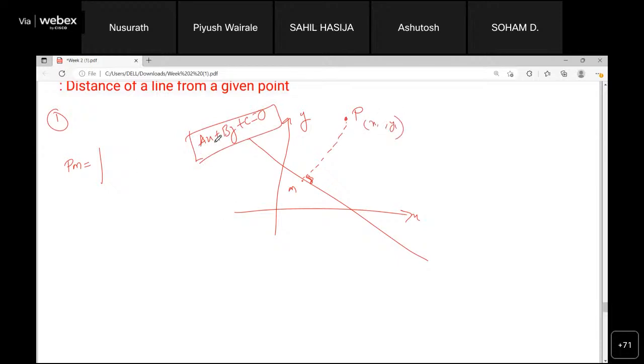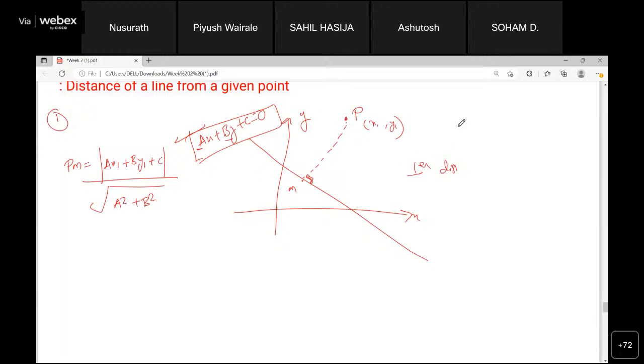Now just put the values of x1 and y1 in this equation: a into x1 plus b into y1 plus c, divided by the square root of a square plus b square, in modulus. That's it. Now this is the perpendicular distance. Remember, this is the perpendicular distance of a point P from this line.